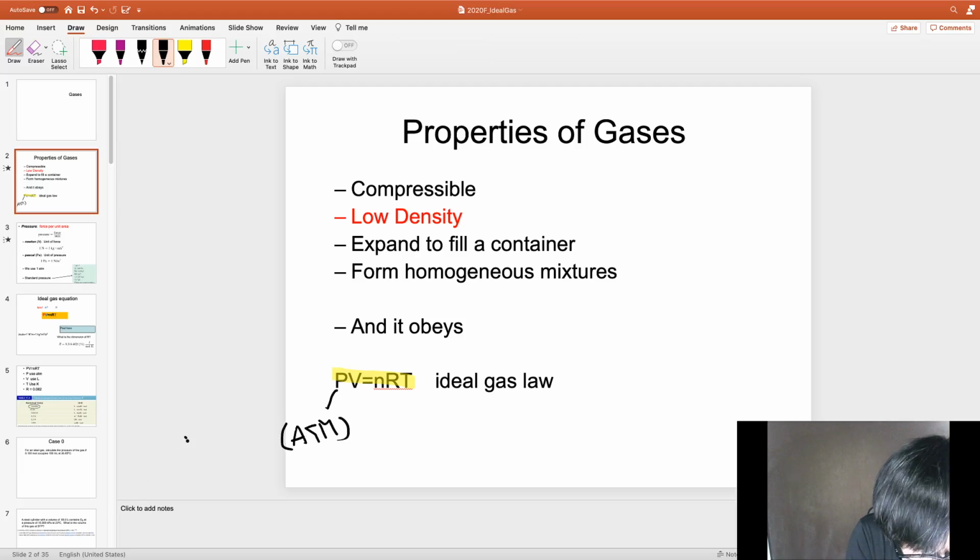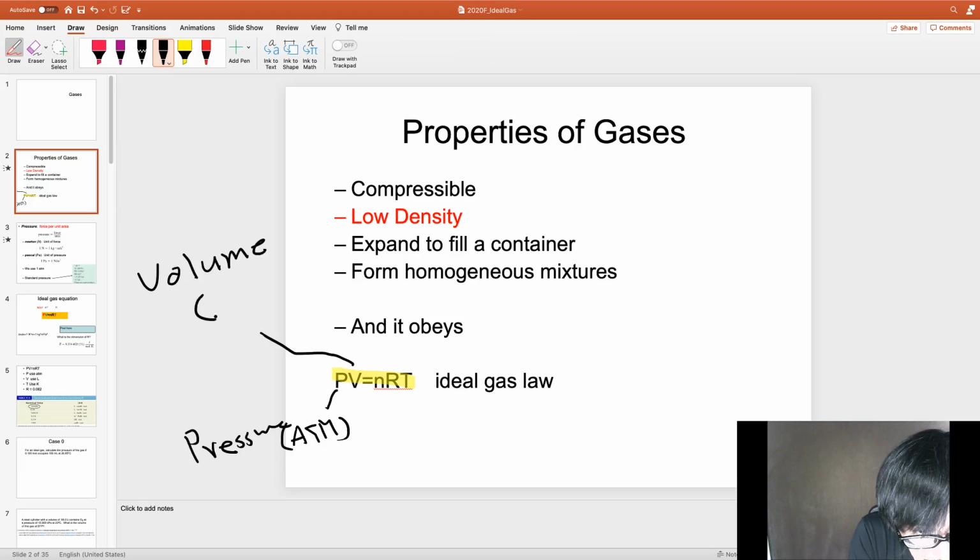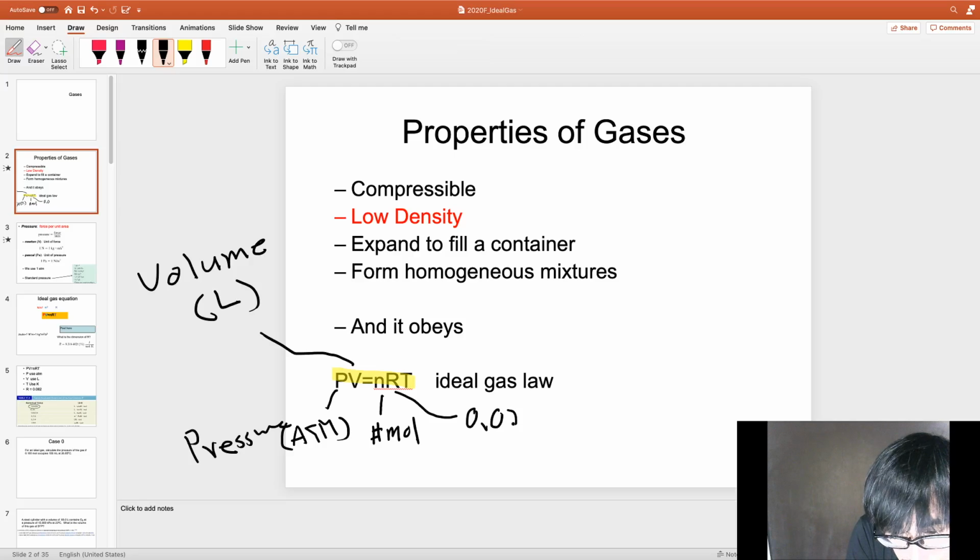V is the volume, and I use liters here. n is the number of moles. And R is the gas constant, which is 0.082.